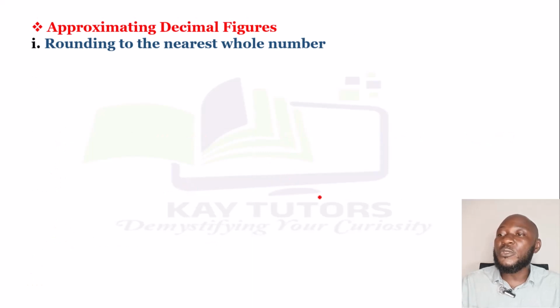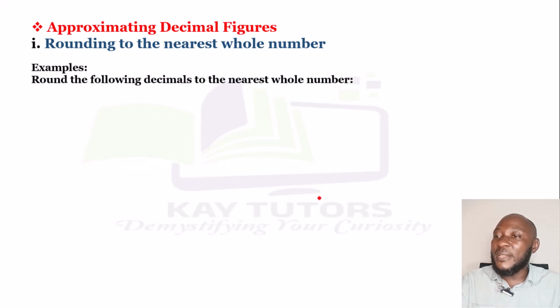I will move to the next subtopic, and that is approximating decimal figures. Now let's approximate to the nearest whole number. Okay, so before we start, we know that decimal numbers, for instance, we have 12.67. This is a decimal number and it has 2 parts. We have the decimal part.